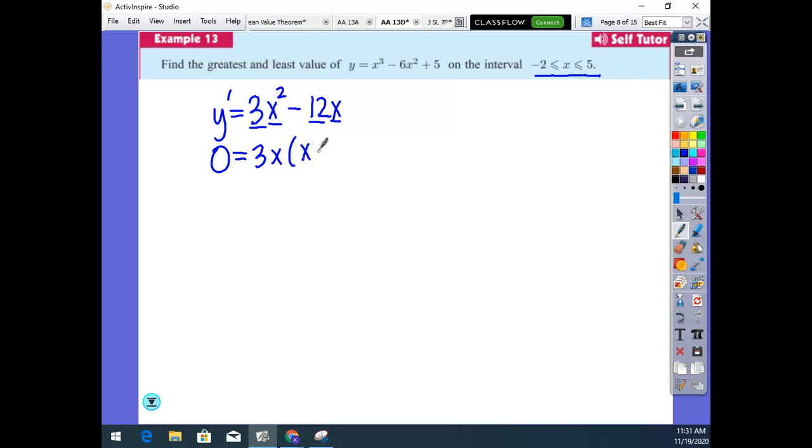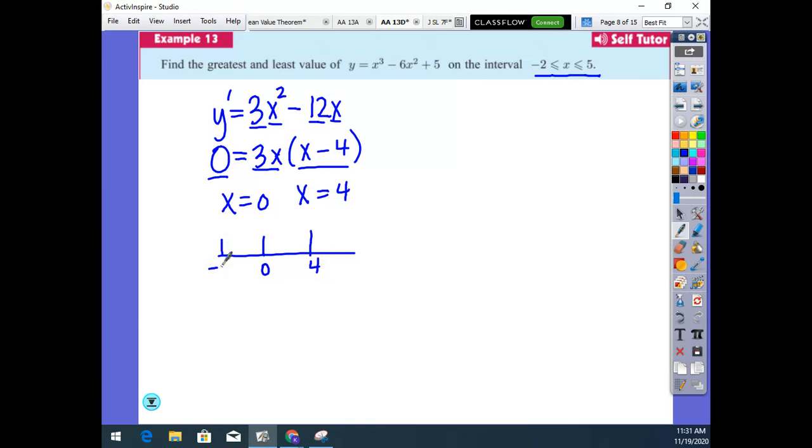Factor out the 3x. So my two x values that make the equation equal 0 are 0, because 3 times 0 would be 0, and 4. All right. So on my number line, I've got 0 and I have 4.